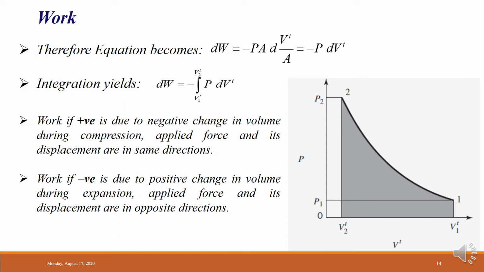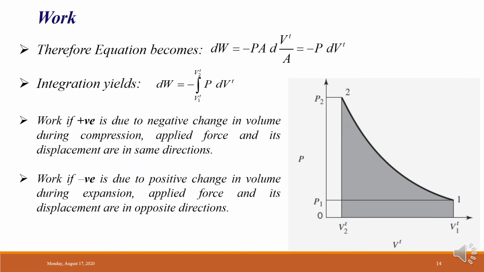So here work is positive, so it is due to negative change in volume. So here what will happen, if there is a compression, your final volume is less, initial volume is more, right? So final minus initial gives a negative change here, right? And its displacement is in the same direction, so that negative sign retains there, and previously negative sign, so negative negative gets positive here.